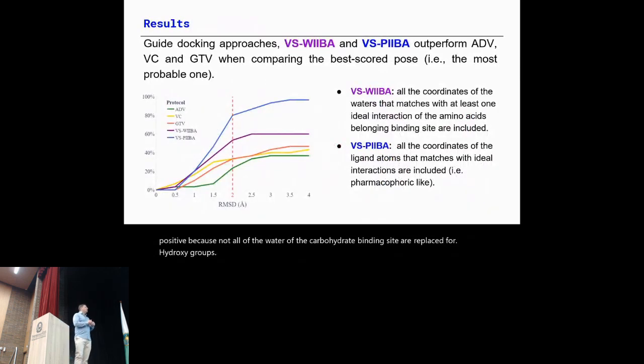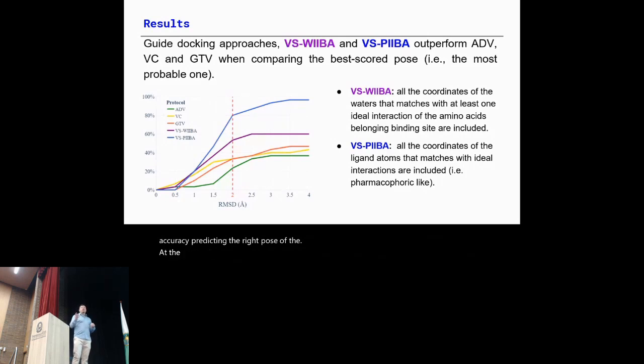Then we introduced a positive control in which we took the real interactions of the glycans with proteins. We selected them and included them in the docking scheme. As you can see, using the positive control, we reached 80% accuracy predicting the right pose of the glycan at the carbohydrate binding site.